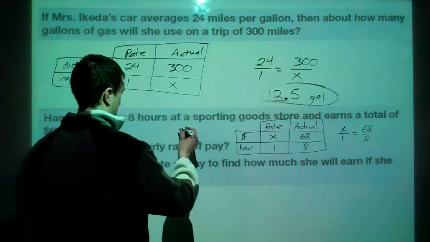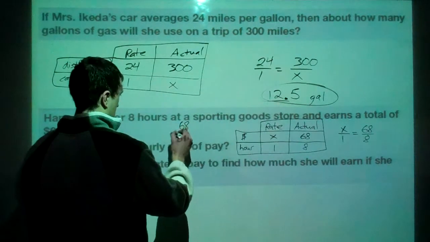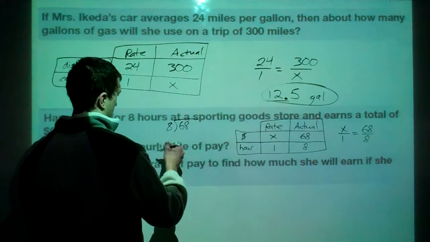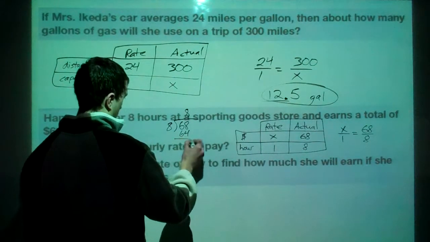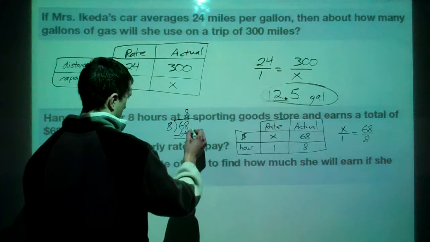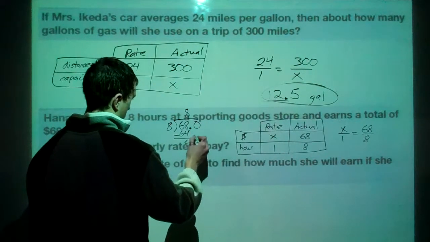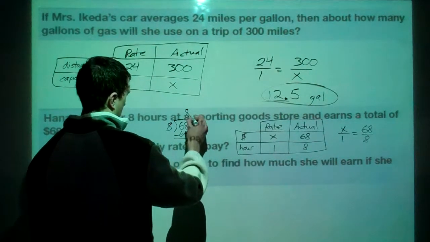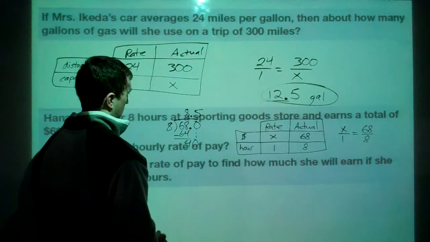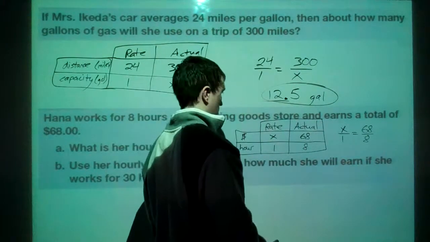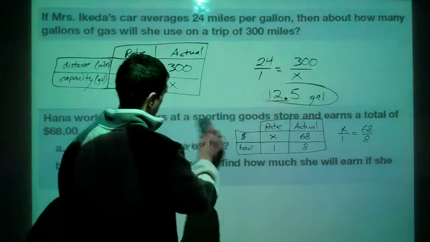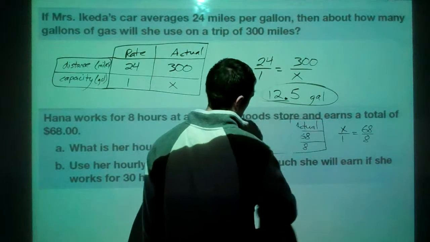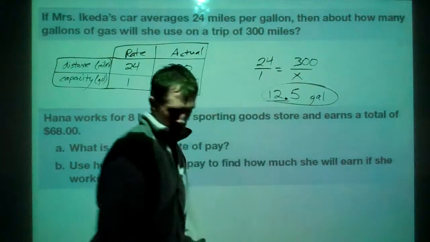So just as we suspected, we'll divide, 8 goes in there 8 times, we get 64, subtract, add your decimal, 8 goes in there 5 times. So $8.50 is what we're looking at for per hour.